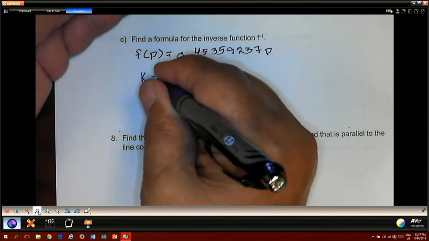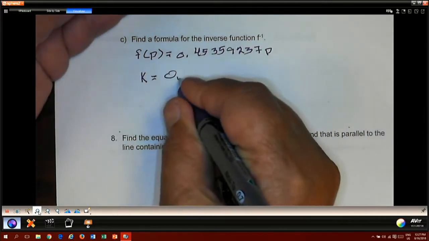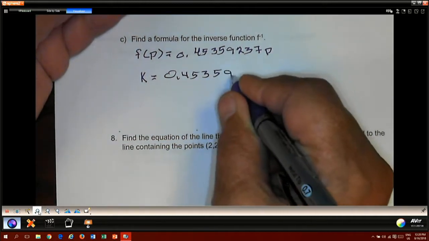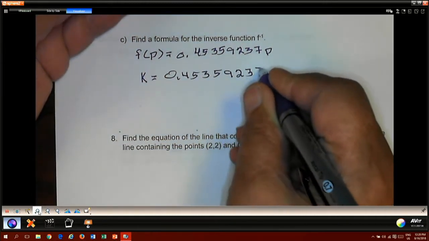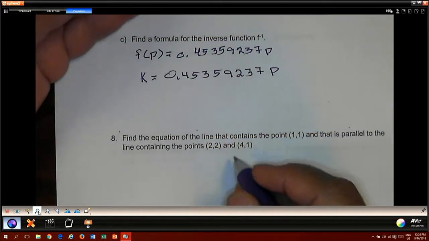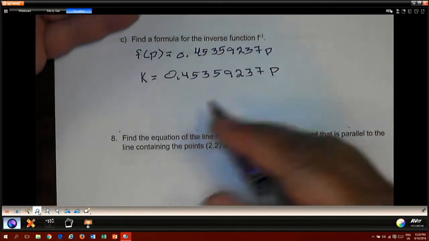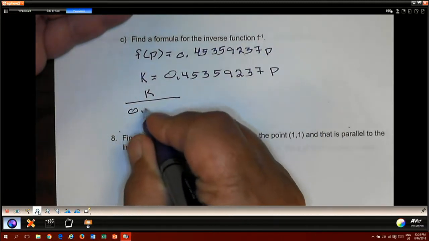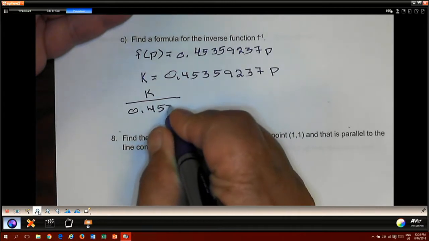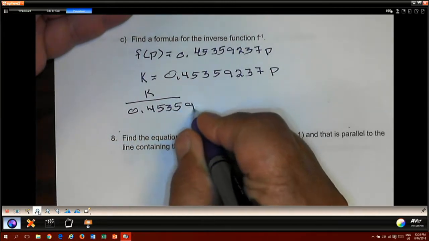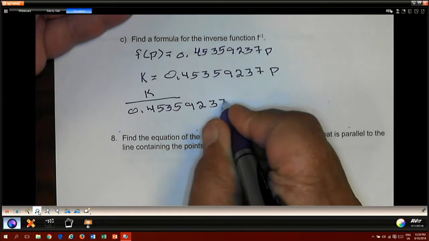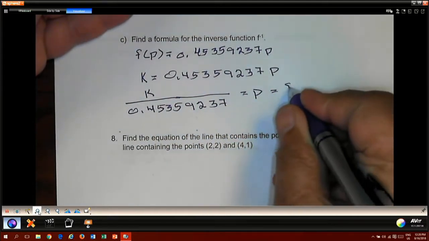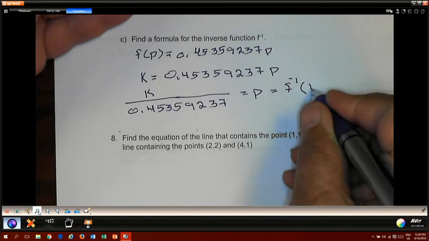So k equals 0.45359237p. To get the inverse, we would do k divided by 0.45359237 equals p, and that's f inverse of k.